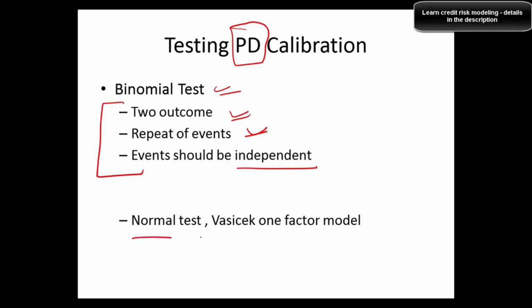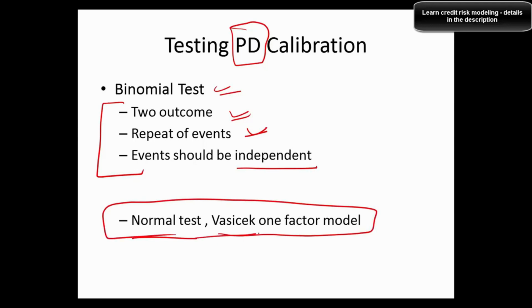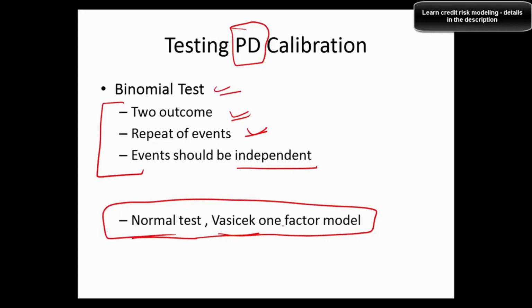The normal test, Vasicek check, and one-factor model are some of the alternative ways to do it. You can of course think more about the normality test and Vasicek check test and so on, and see how they are different from the binomial test. We'll discuss a few more questions related to PD calibration in the next video, which is going to involve more advanced questions. Thank you.